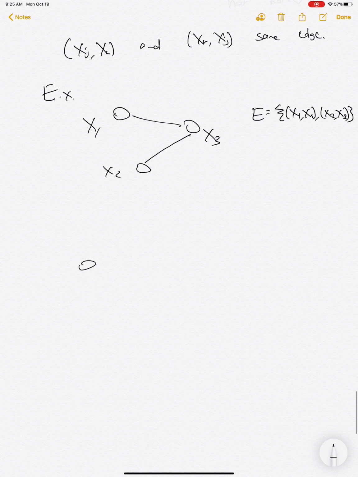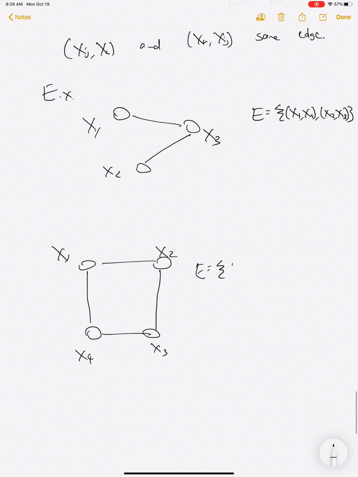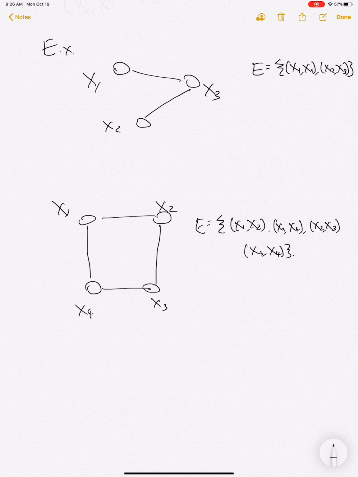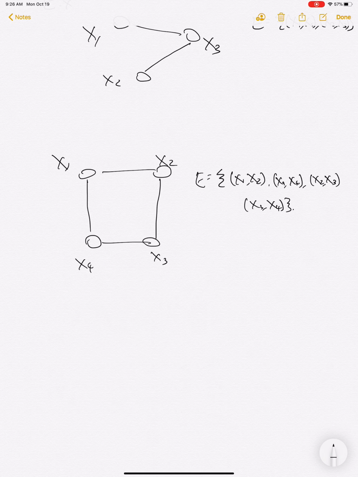To take another example with 4 nodes, the edge set is these 4 edges: x1, x2; x1, x4; x2, x3; and x3, x4. So this is an undirected graph. It's like a directed graph, but there are no directions here.